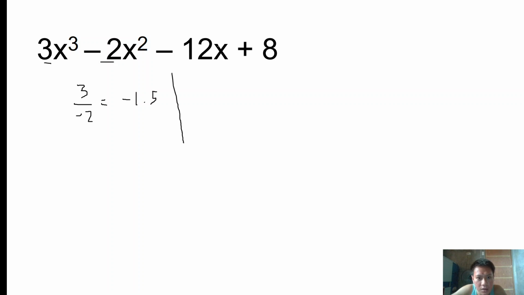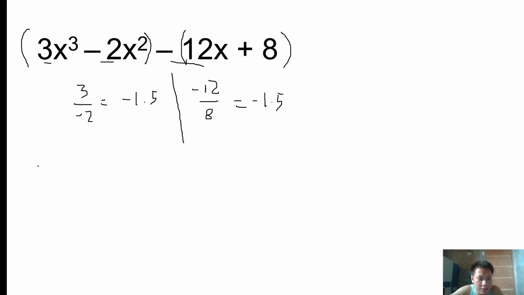And yung negative 12 naman natin divided by 8 is also equal to negative 1.5. If that's the case, we can factor this using grouping. Okay? So, pwede na pala natin itong i-group. Pwede rin natin itong i-group.